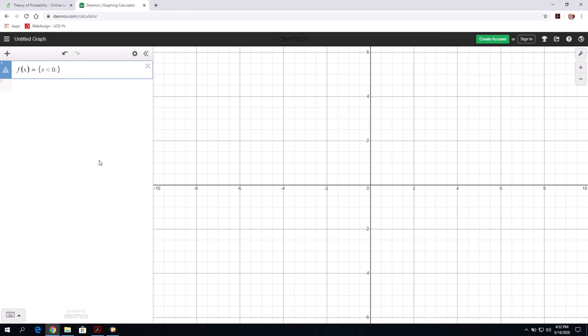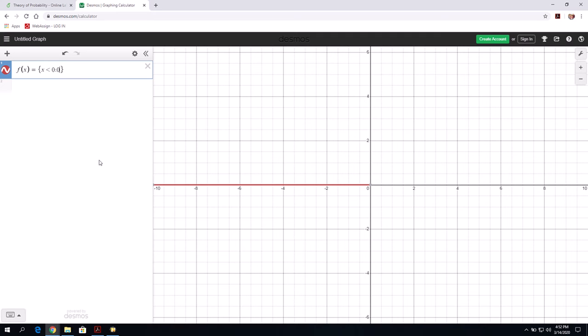You put a colon. Okay, x less than 0, colon, it was equal to 0 there. Do you see how you get that red looking graph? So it understands that if x is less than 0, you just want it to be 0.